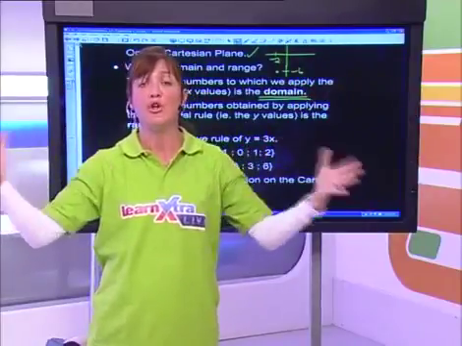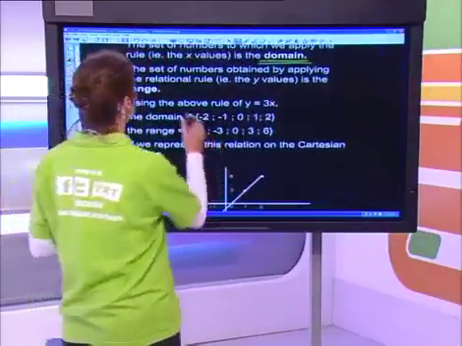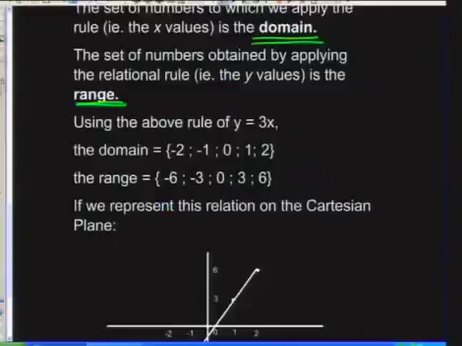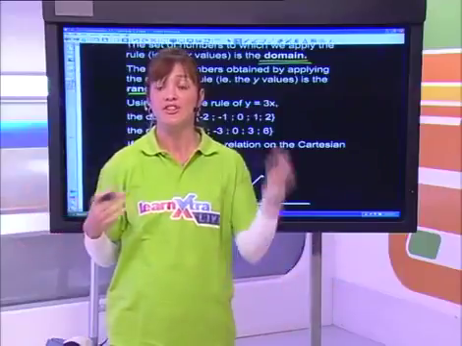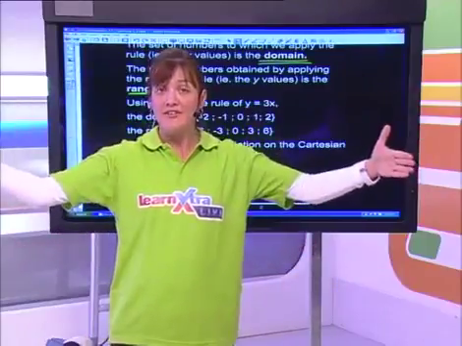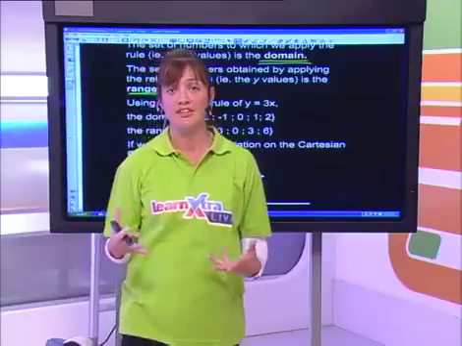The range is everything on your y-axis, from your lowest y values up to your highest y values. So domain is the x values that your function is covering, and range is the y values that your function is covering.